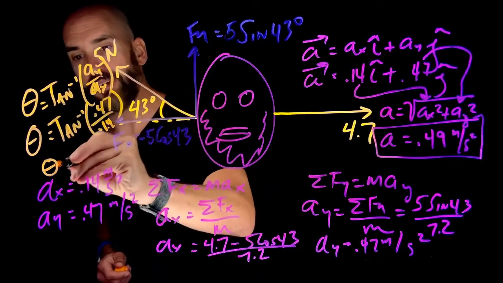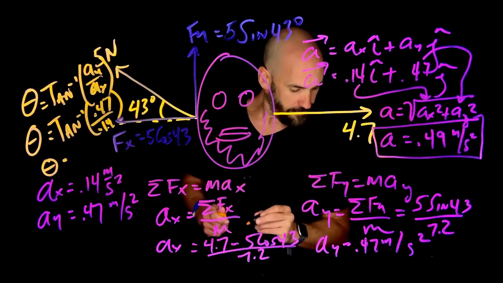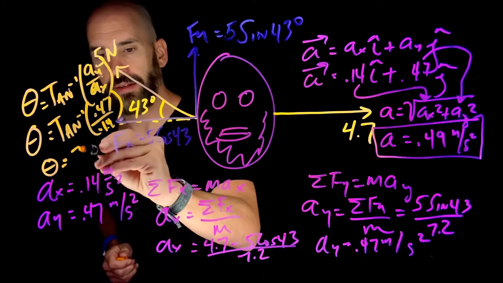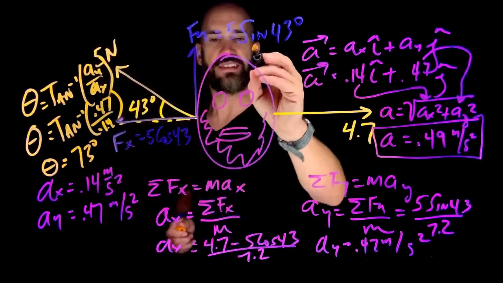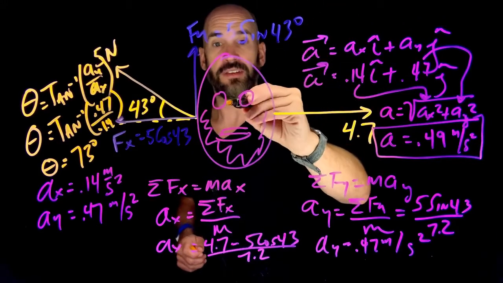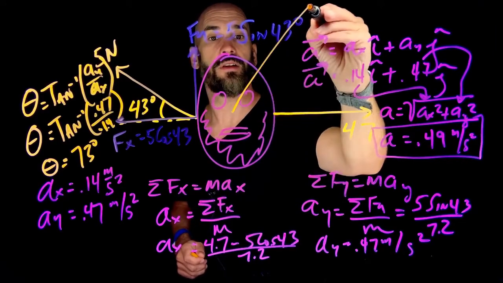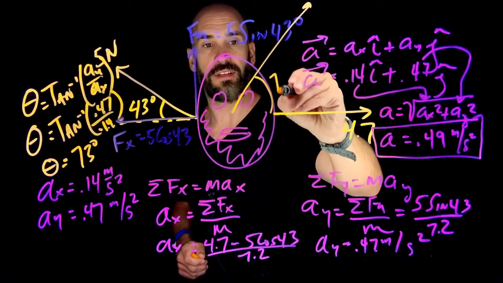And so I get an angle of 73 degrees. So this net acceleration of my head, which is in the same direction as the net force, is going to be somewhere up here where this angle is 73 degrees.